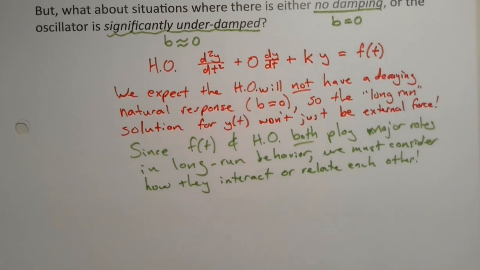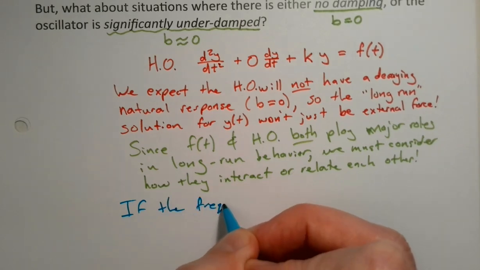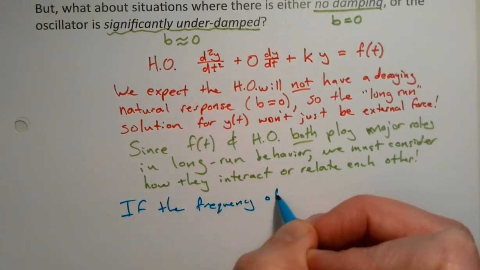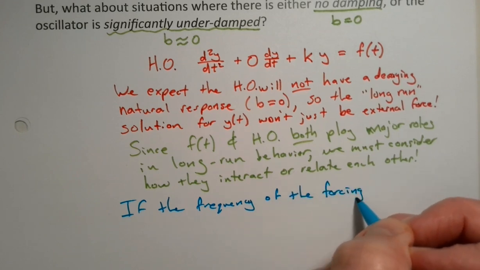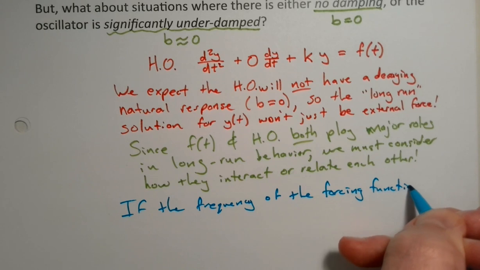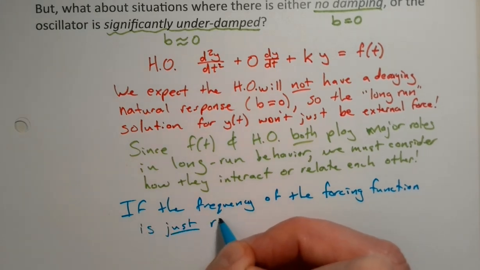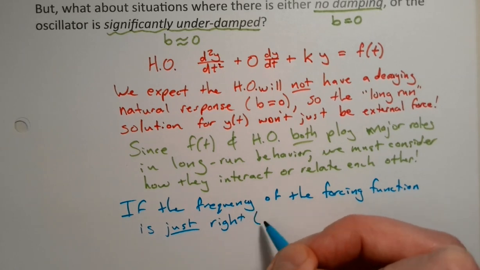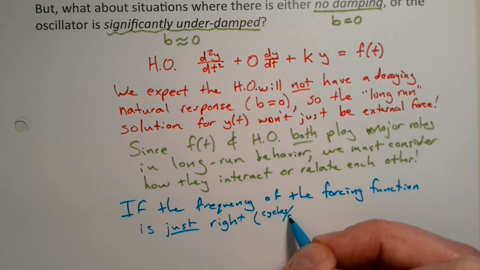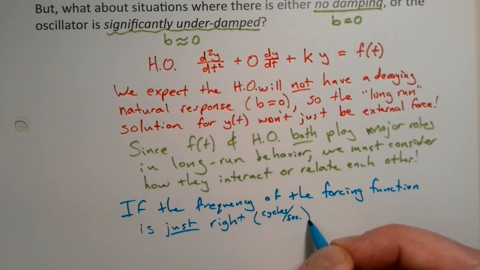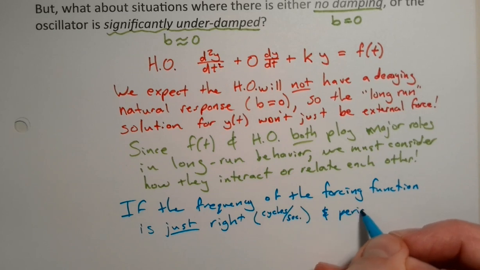It turns out if the frequency of the forcing function is just right, and remember, frequency of the forcing function is going to be cycles per second, cycles per unit time.